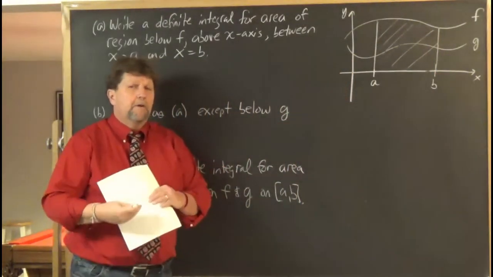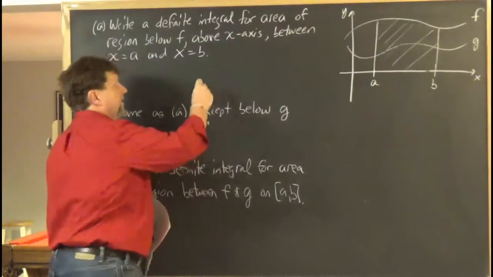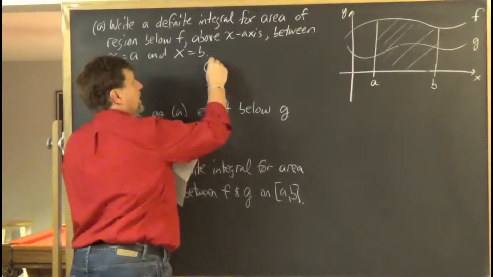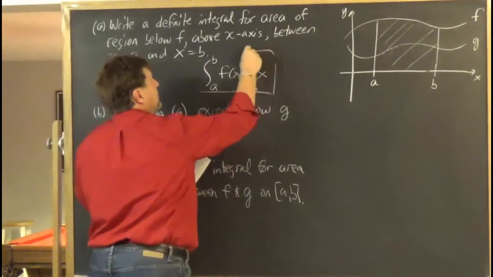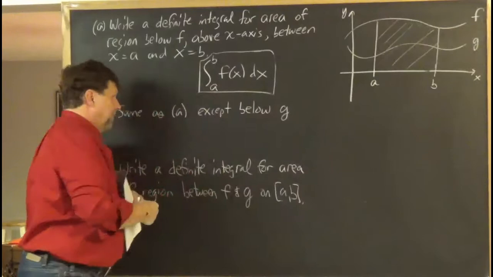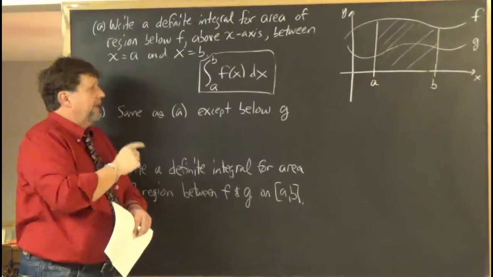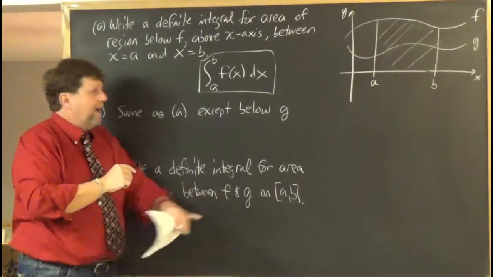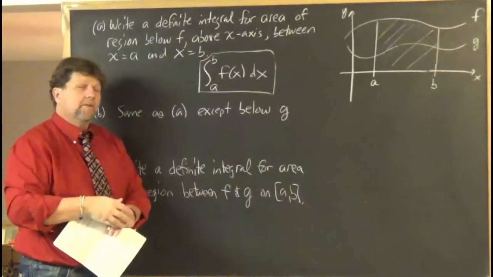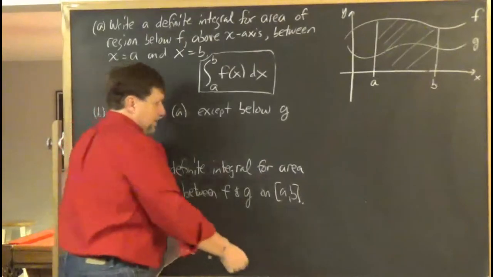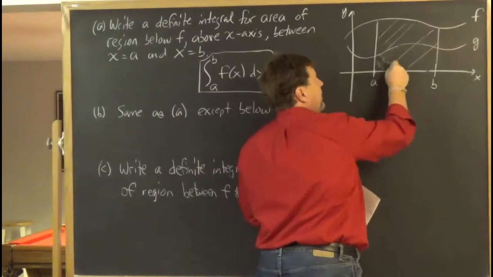Well, we know a definite integral can be used to represent the area of a region, and quite simply, the definite integral for part A is the integral from a to b of f of x dx. In part B, the same directions as part A, except here we're going to write a definite integral for the area of the region that's below the graph of g, above the x-axis, and between x equals a and x equals b.